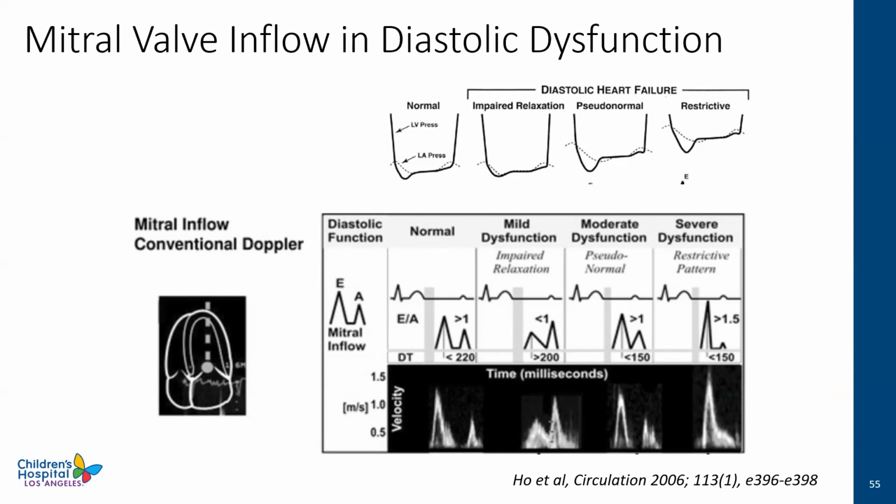But keep in mind that you can have this pseudo-normal effect in moderate dysfunction, where after your EA ratio became less than 1, it can convert back to greater than 1. That's because the ventricle is becoming less compliant and volume overload ensues, so your LA pressure increases, which restores that gradient between the LA pressure and your LVEDP.